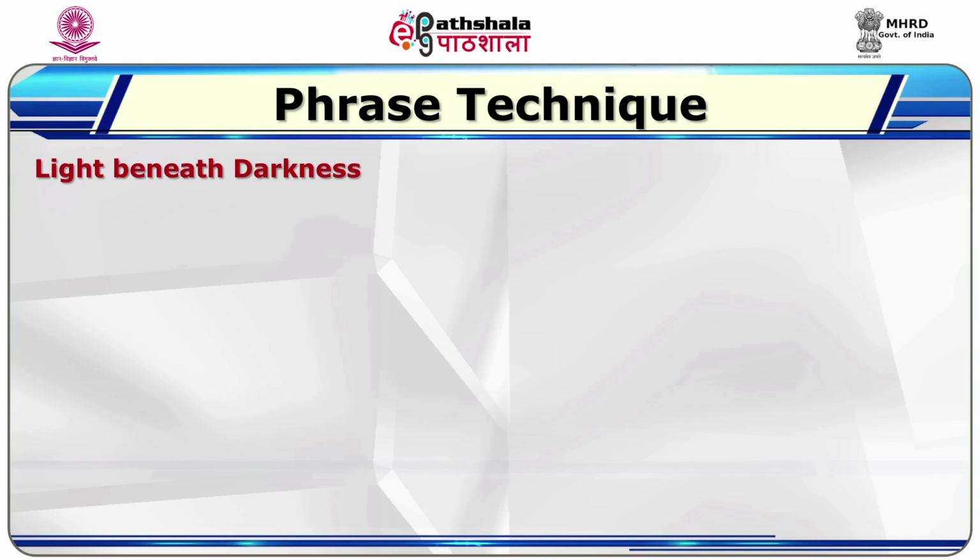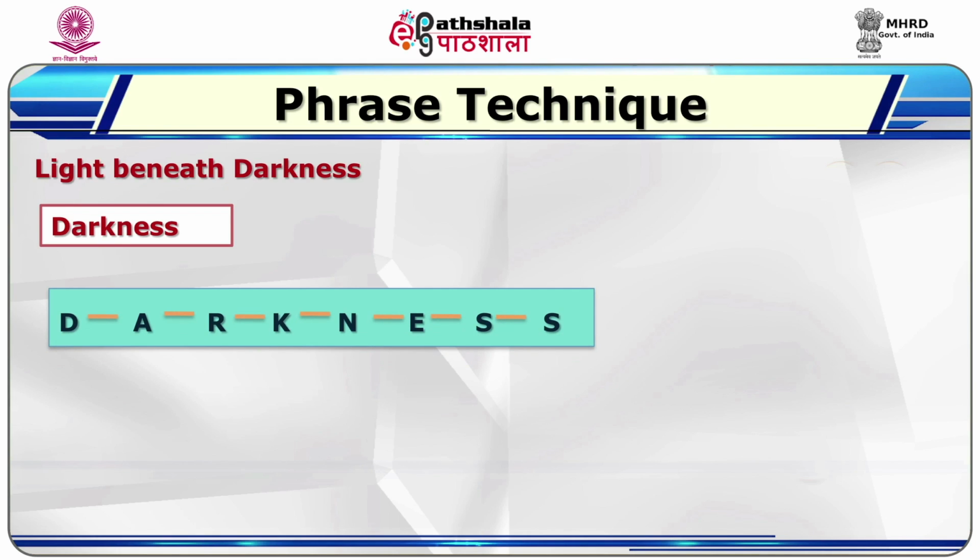Now let us look at the phrase technique. First, select a phrase. Light beneath darkness. Having selected this phrase, we select one word from this phrase. Darkness. Now break up this word into alphabets.